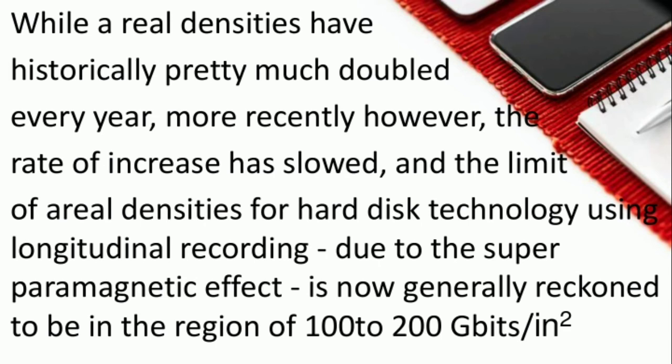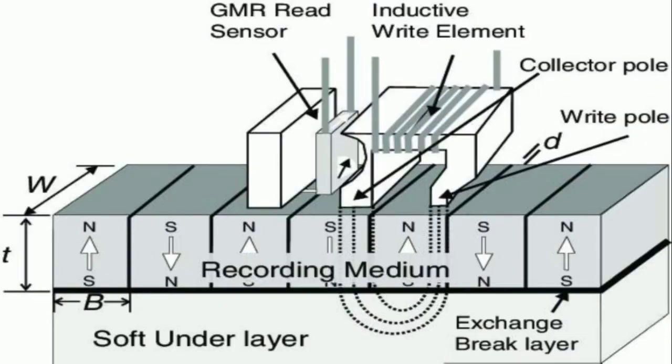While areal densities have historically pretty much doubled every year, more recently the rate of increase has slowed, and the limit of areal densities for hard disk technology using longitudinal recording, due to the superparamagnetic effect, is now generally reckoned to be in the region of 100 to 200 gigabits per square inch.